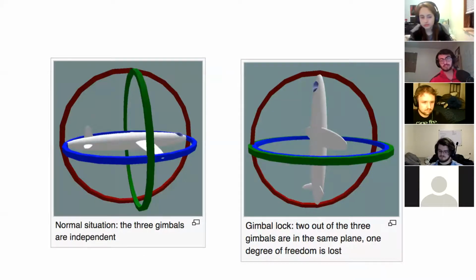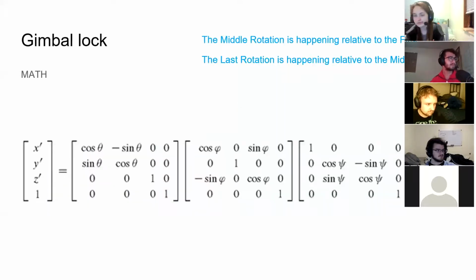And yeah, so this is kind of similar to the plane example I was describing. So you'd get up to an orientation where you're pointing straight up or straight down, and all of a sudden rotating around the y-axis causes you to spin even though you're not really spinning. And yeah, you can see this in the matrices as well.